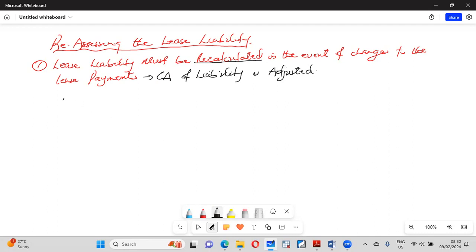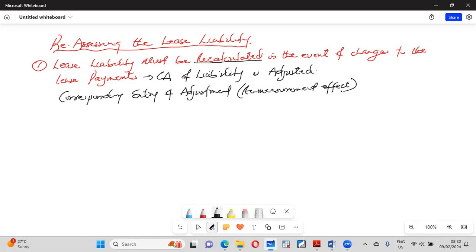The corresponding entry of the adjustments, which is the remeasurement effect, is posted against the right of use asset. So which means the carrying amount will also be affected.